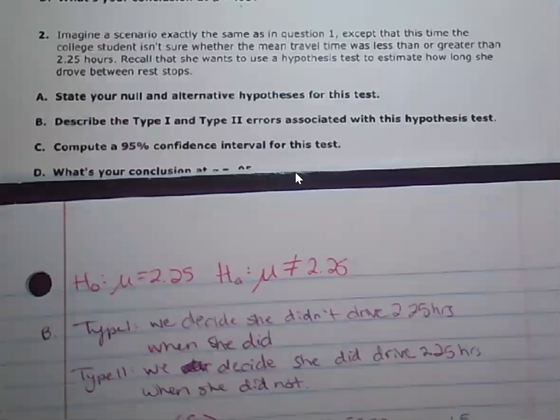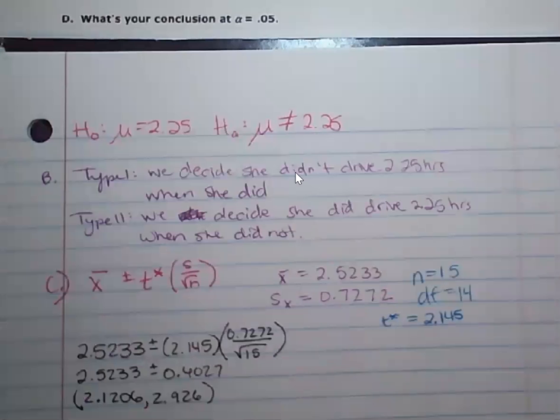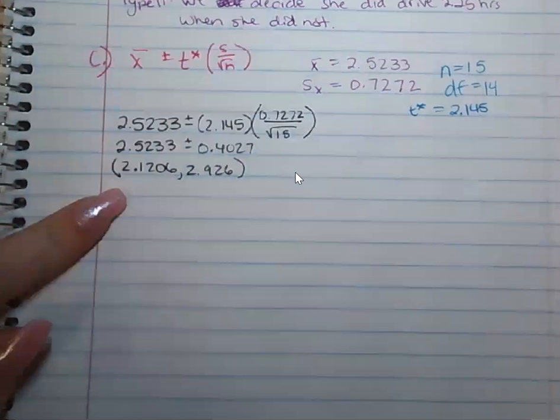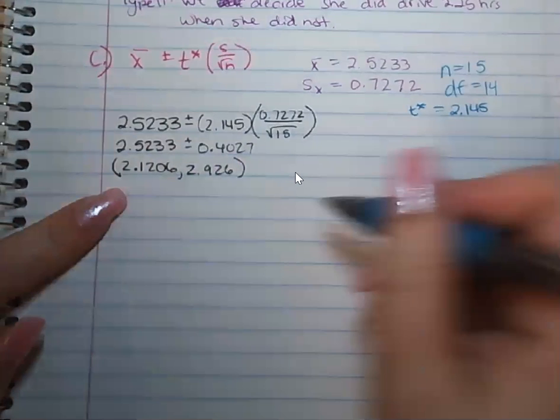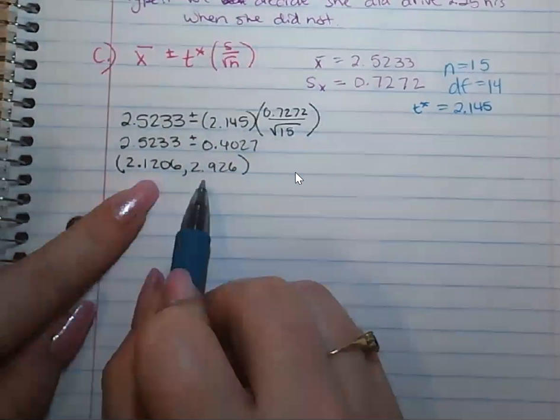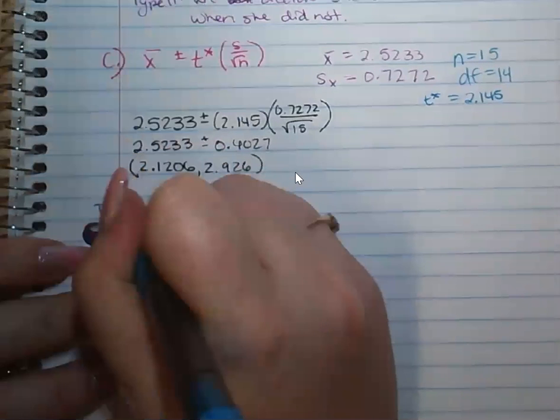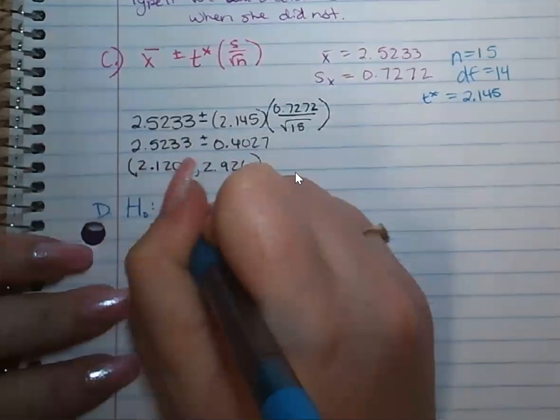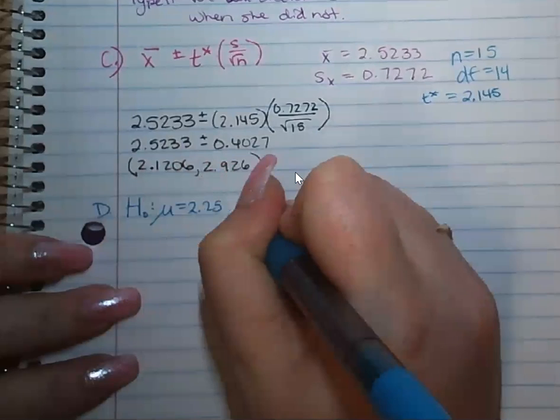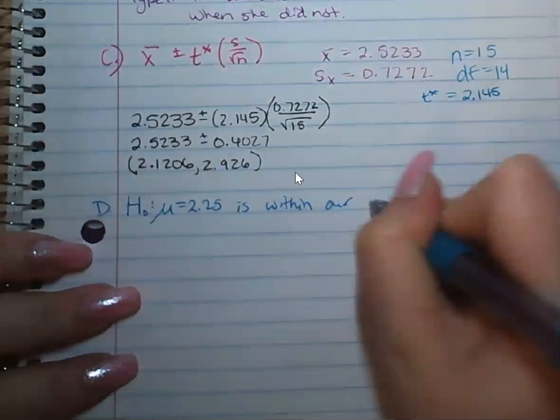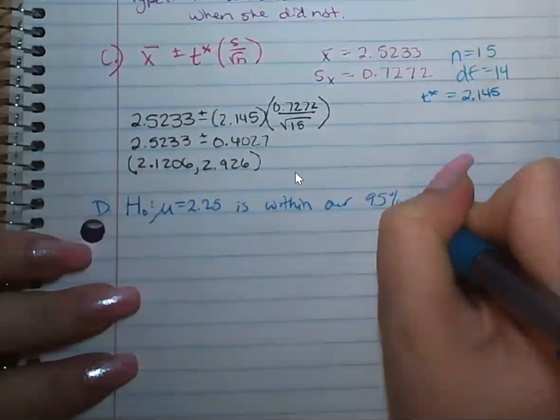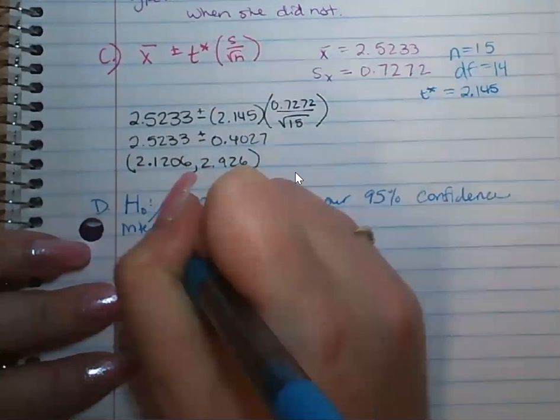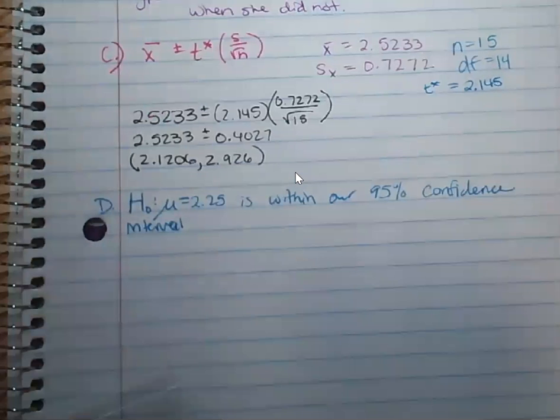So we computed that. So D, what is our conclusion? At alpha is 0.05. Okay, well, let's see. This is a 95% confidence interval. Is 2.25 within that? Yes, it is. So our conclusion, H sub naught, mu equals 2.25, is within our 95% confidence interval, which means, again, we fail to reject the null hypothesis.